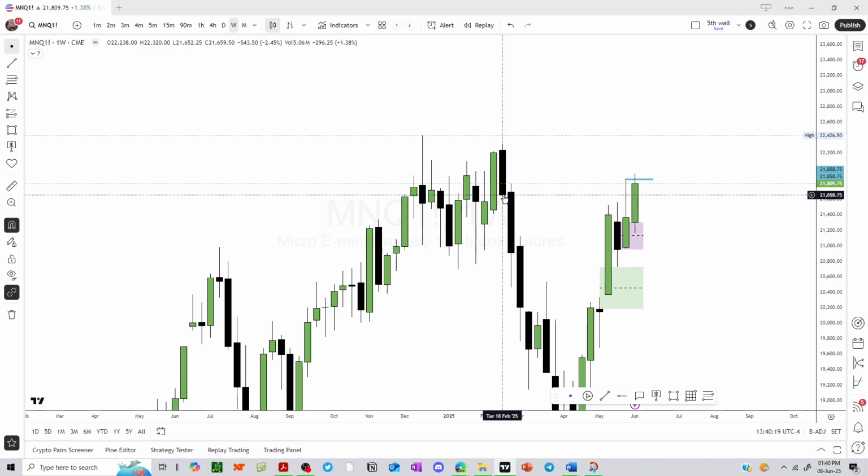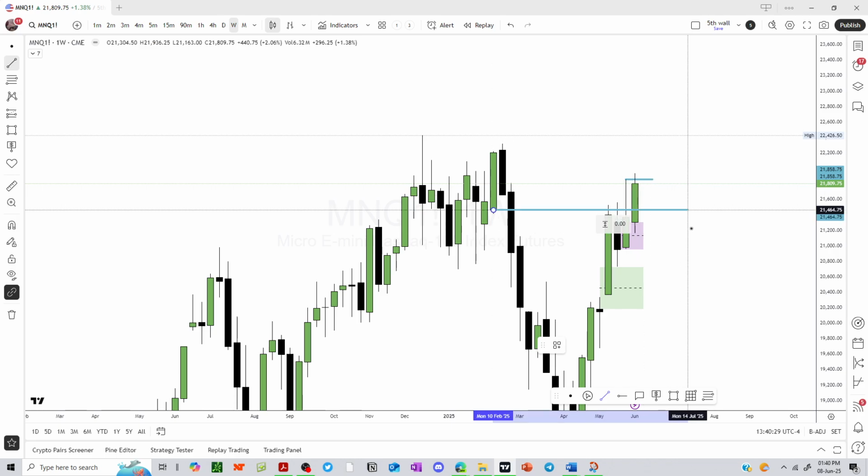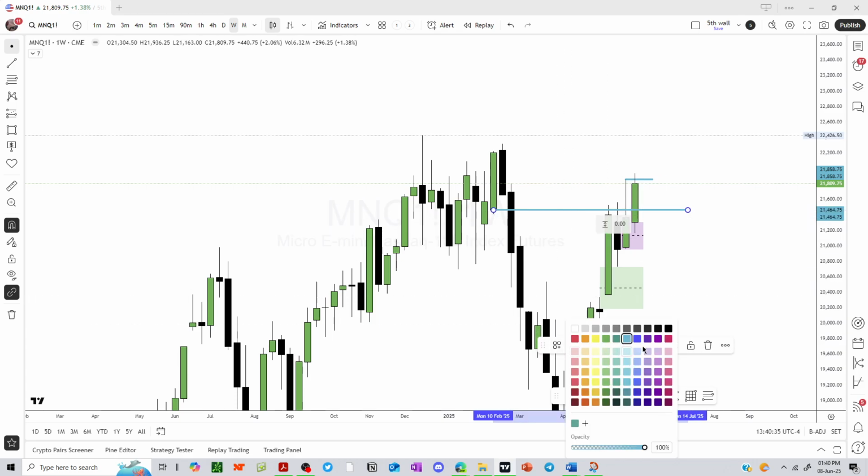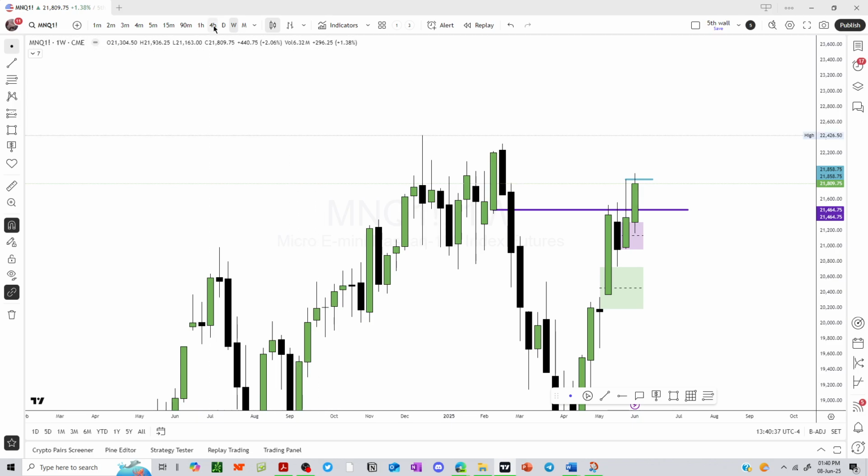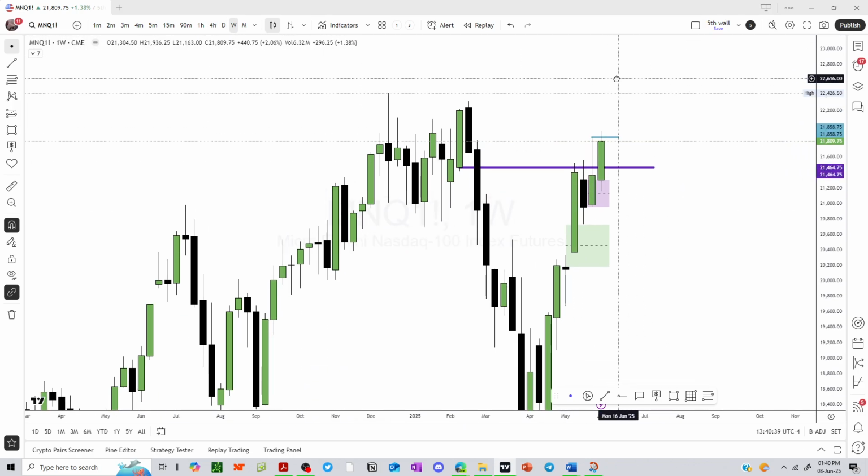So let's just shoot this across and see what it looks like. I'm just curious. I'm going to make that purple. I'm going to take that off. I'm just being curious. So weekly open.